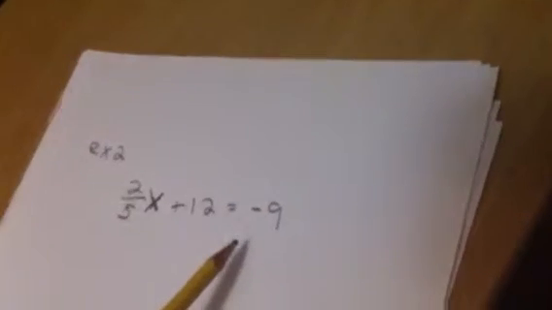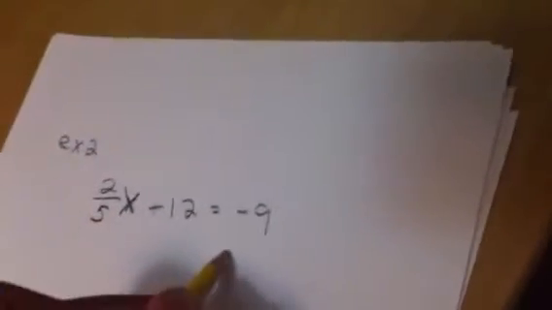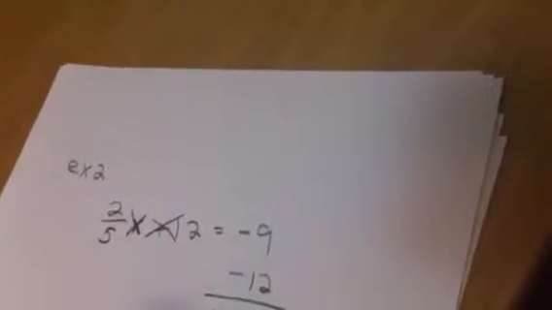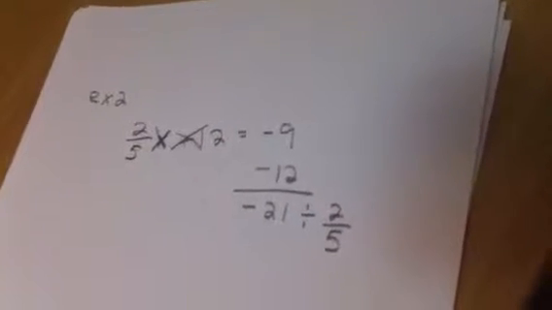This is 2/5 times x plus 12 equals negative 9. All right. So since they said add, you're going to subtract 12. Okay. So negative 9 minus 12 is going to give you negative 21. All right. And since it says 2/5 times x, we're going to divide by 2/5.